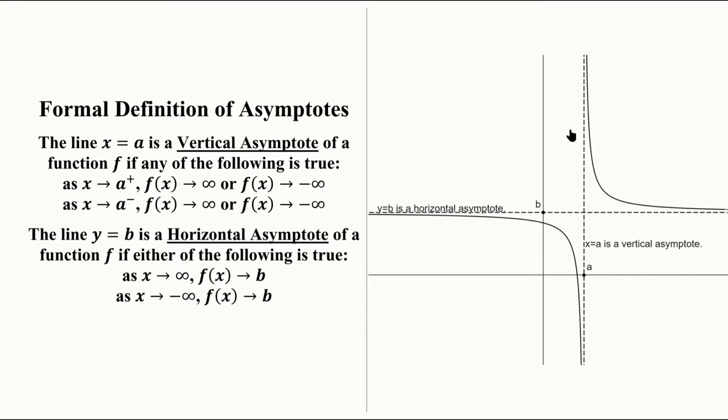What happens to the y values of this function? Well, in this particular case, notice the y values are approaching infinity. So f(x) approaches infinity, or f(x) approaches negative infinity, as x approaches a from the left. In this particular example here, the y values are approaching negative infinity.